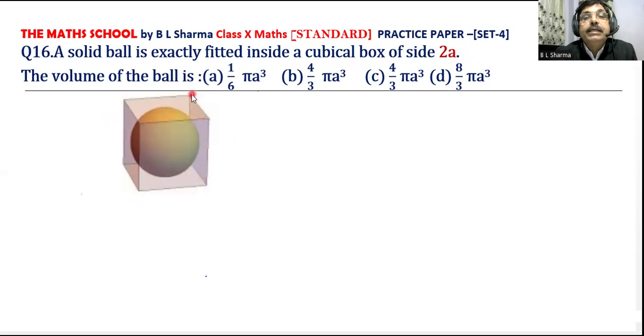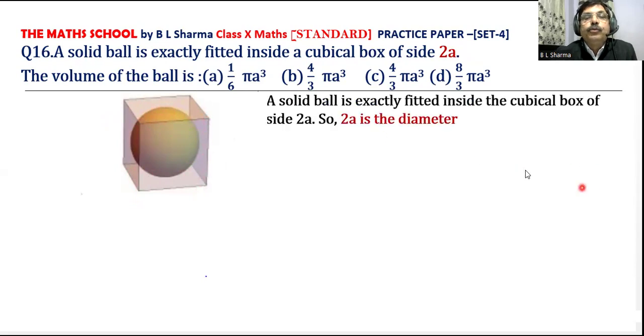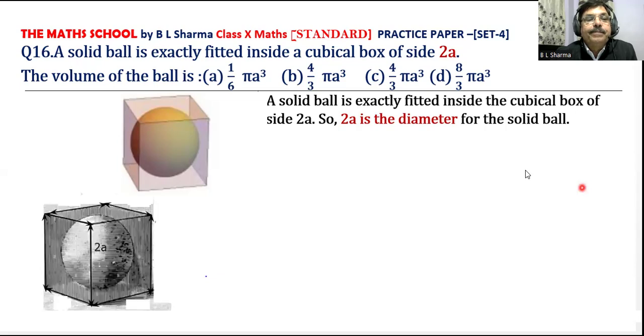Each side of the cube is 2A units. We can also write it as: the diameter is 2A. You will notice here that the diameter is the same as the side of the cube in this case, because the sphere, the ball, is exactly fitted.